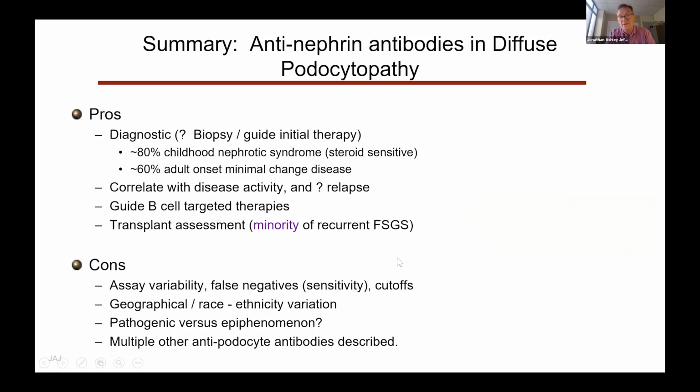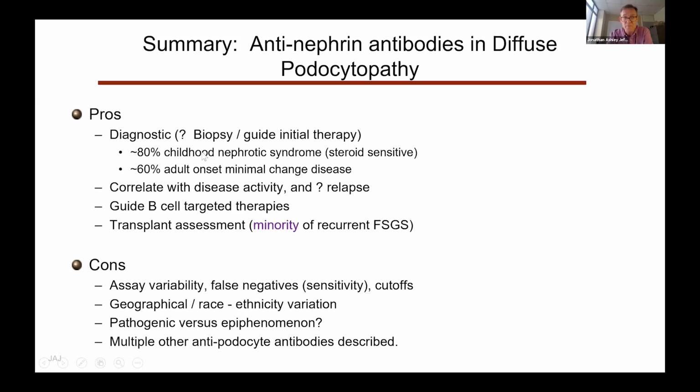So in summary, for anti-nephrin antibodies in diffuse podocytopathy, I think the exciting thing is that maybe this will be like PLA2R, the way we're using that, in that we can consider this as a diagnostic tool. It may allow us to guide the initial therapy. We're currently using steroids, but maybe we can use other agents.